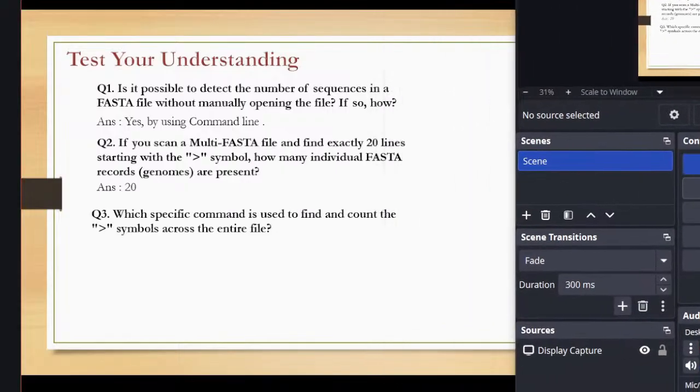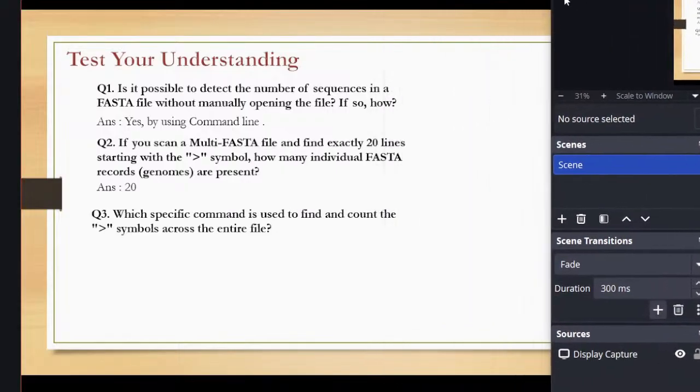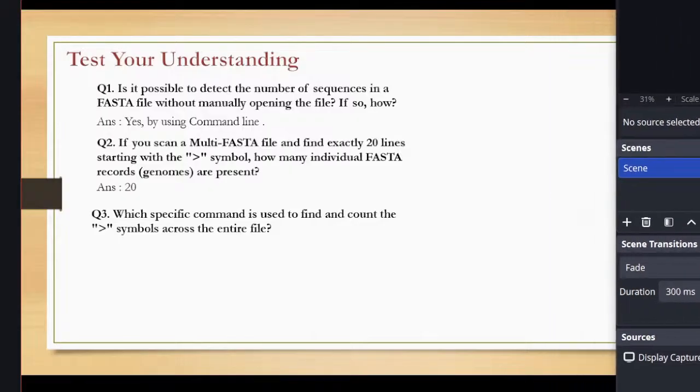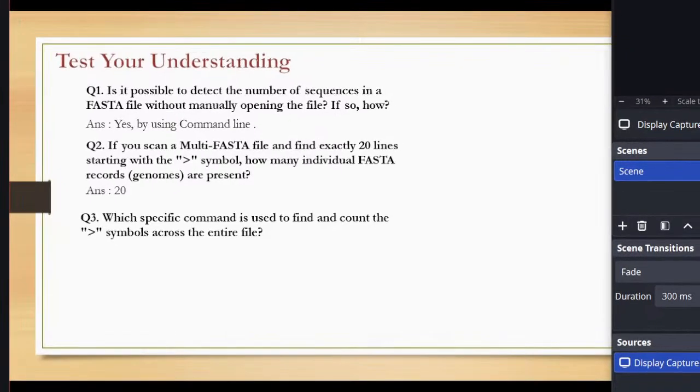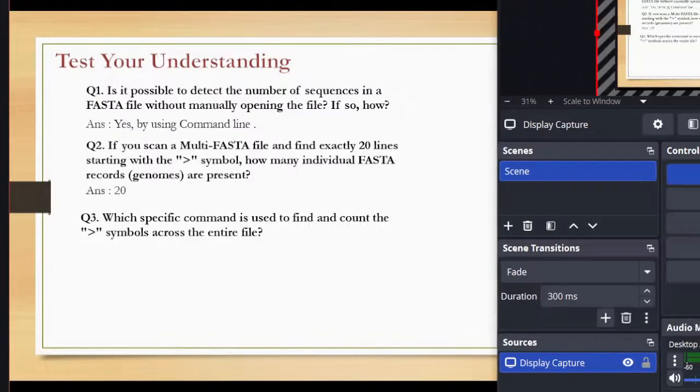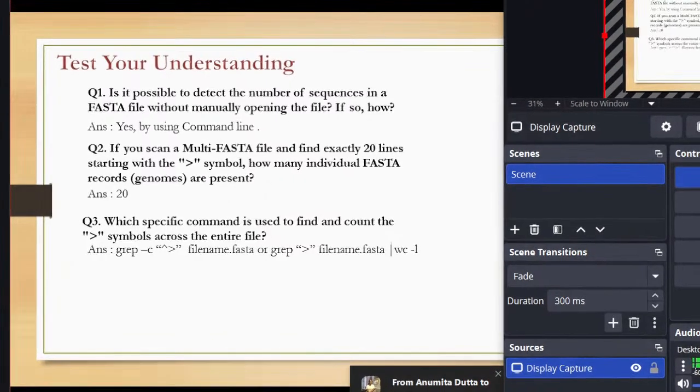Now the next question: which specific command is used to find and count the greater than symbols across the entire file? That you have already answered, but you can answer it again. So this is the command actually.